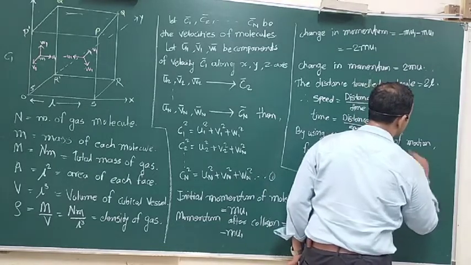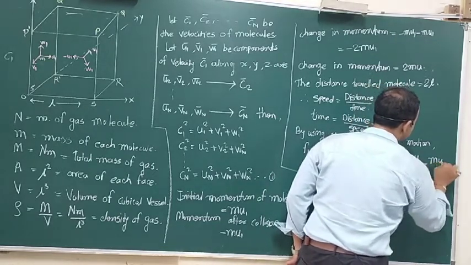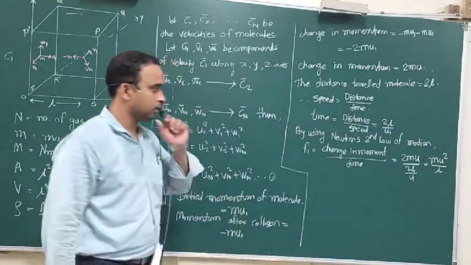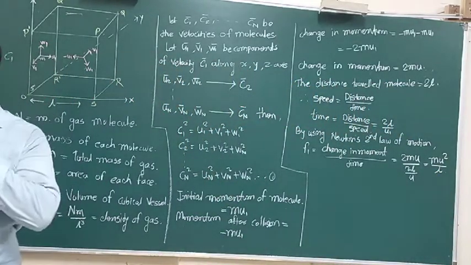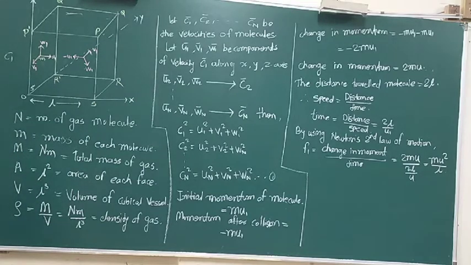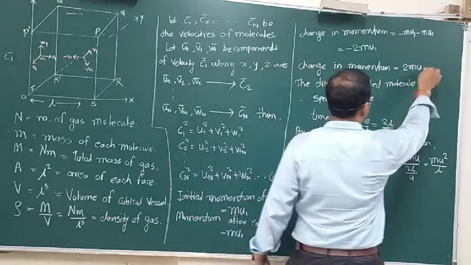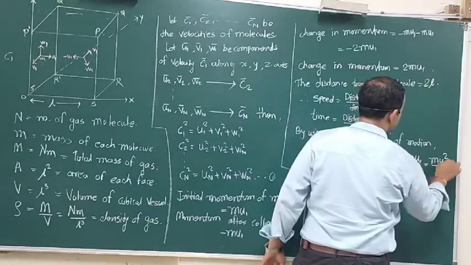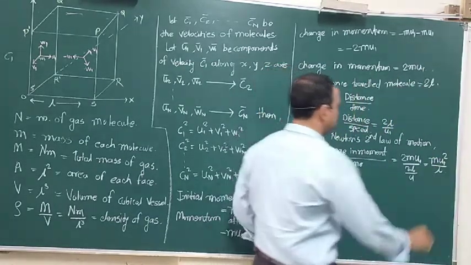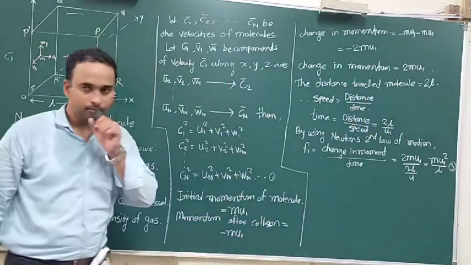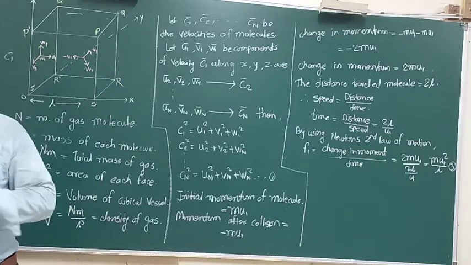So the 2 gets cancelled, and we get F1 is equal to m u1 square upon L, calling it equation number 1.